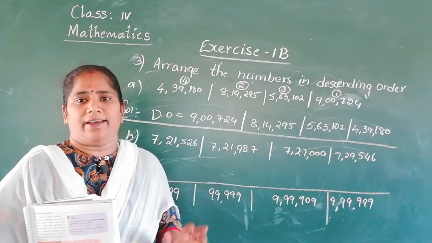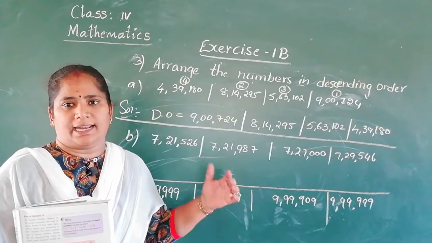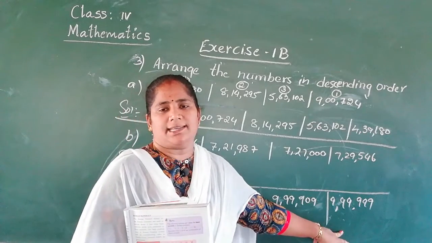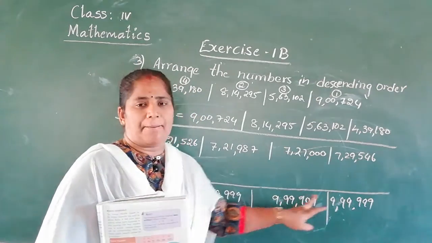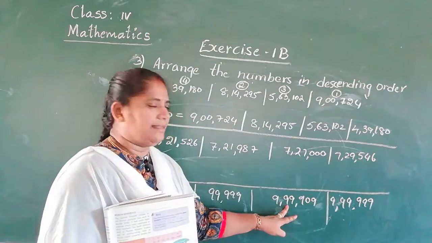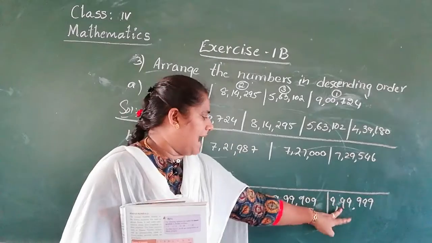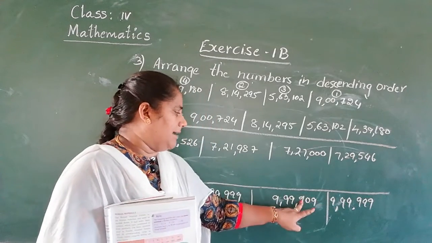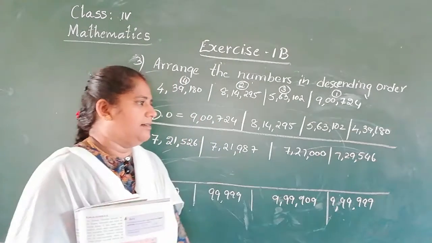And you know very well, the 6-digit numbers are always greater than the 5-digit numbers. But here we have two 6-digit numbers. So you have to compare the lakh place. If the lakh places are the same, then compare the 10,000s. 9, 9, same. Again thousands, 9,000, 9,000, same. And 900, 900, same.